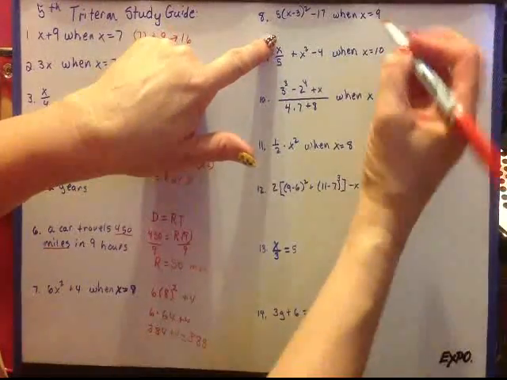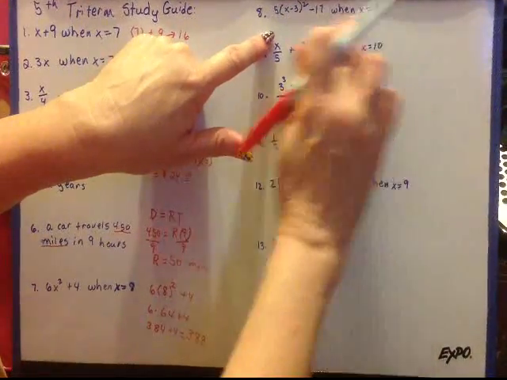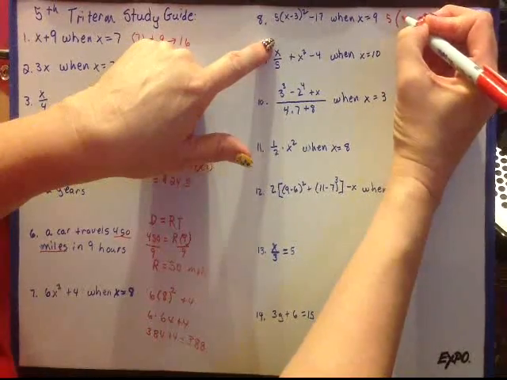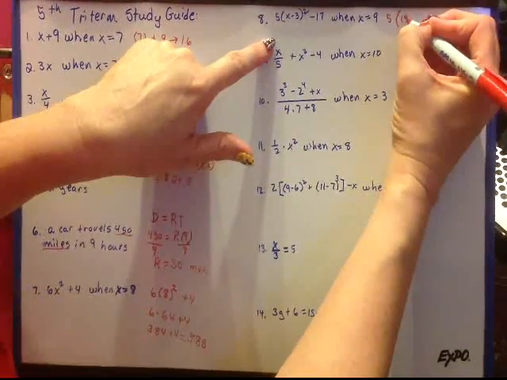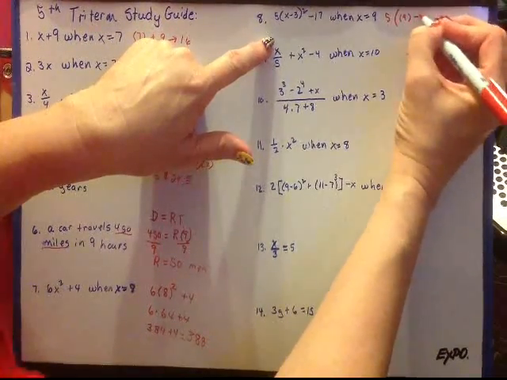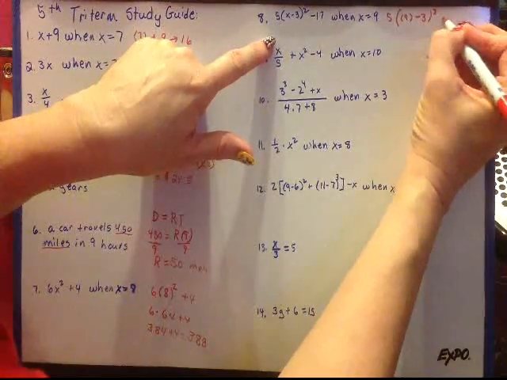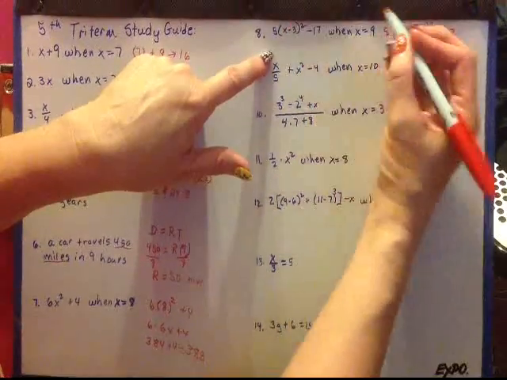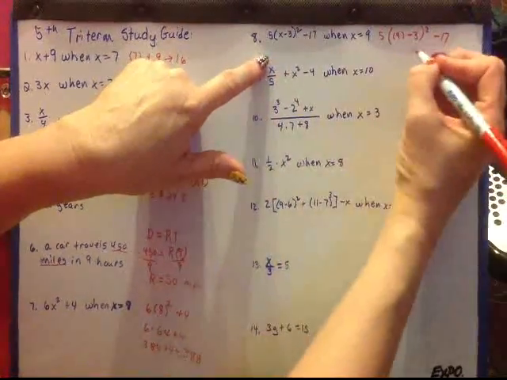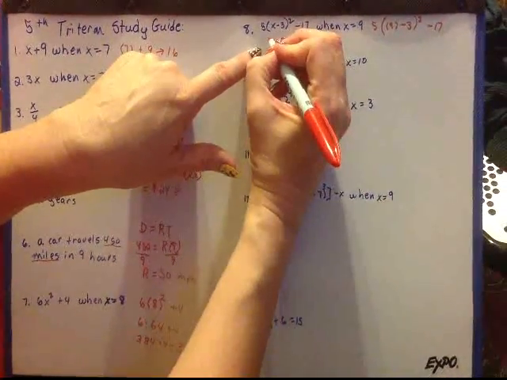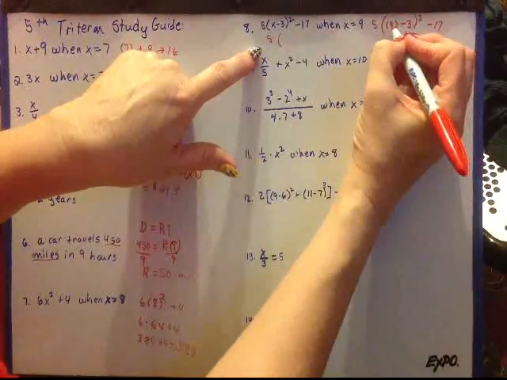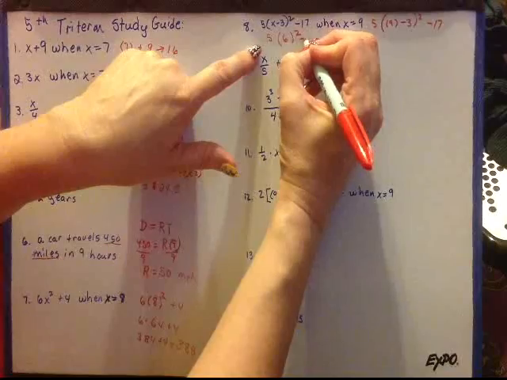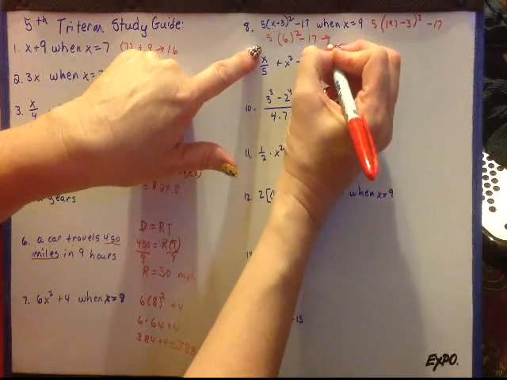Number 8. We are going to substitute 9 in place of x. So we're going to have some big parentheses and some little parentheses, minus 17. I substituted 9 in place of the x. So we're going to bring down the rest of our expression right now. 5 times 9 minus 3 is 6 squared minus 17.